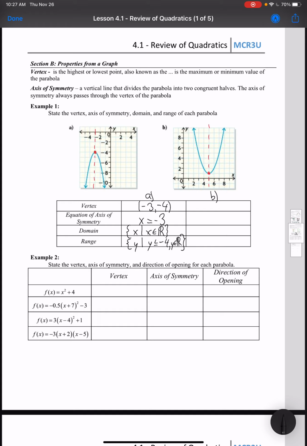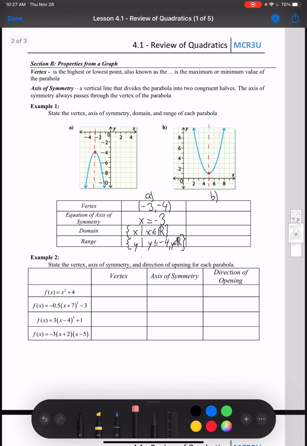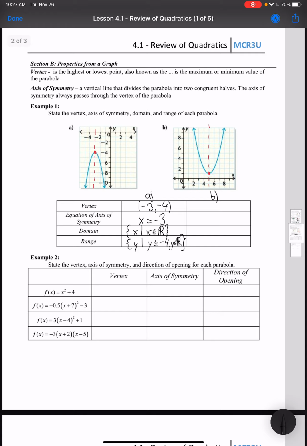For part B, the vertex, just follow along with your vertex there, and you can see it's (5, 1). The axis of symmetry is that vertical line, so it's going to be x = 5. And again, you can take on any x value. You can go off left or right as far as you can.